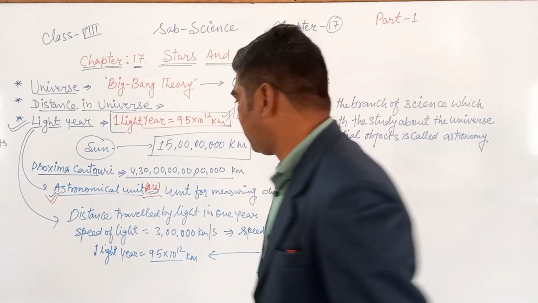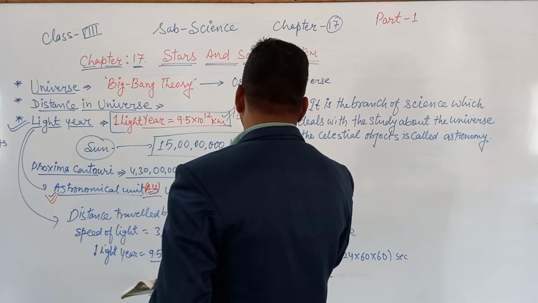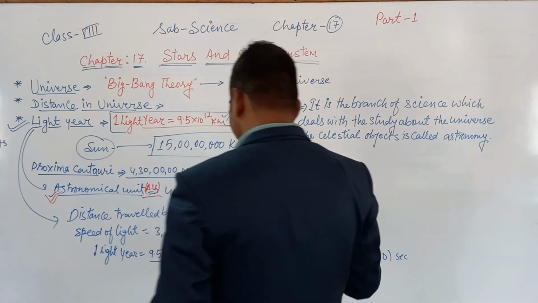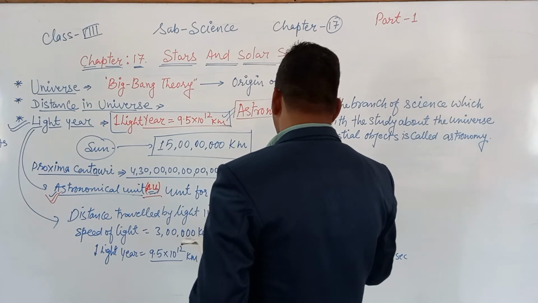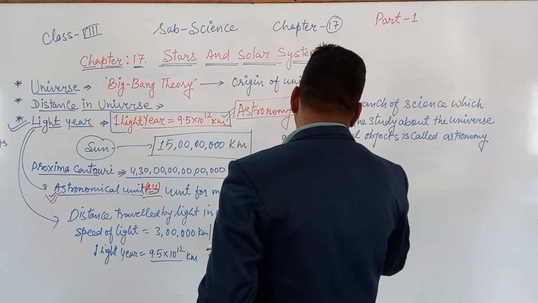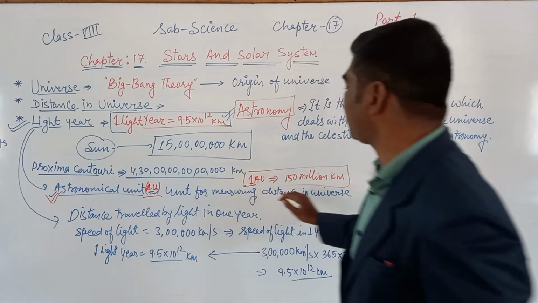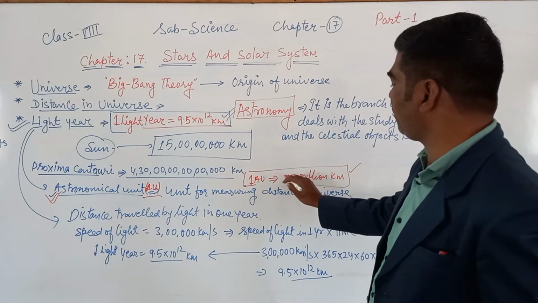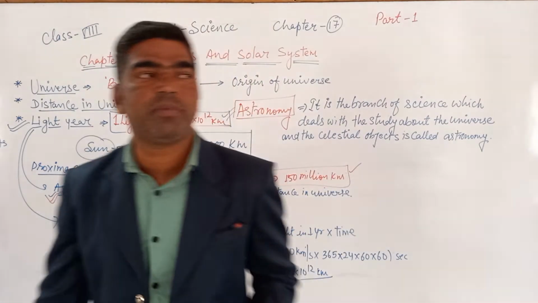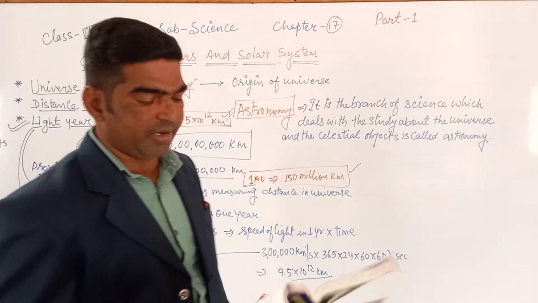If you see this one astronomical unit, that is equal to 150 million kilometer. Means one astronomical unit is equal to how much? 150 million kilometer. यानी एक एस्ट्रोनॉमिकल यूनिट में कितना होता है, 150 million kilometer.